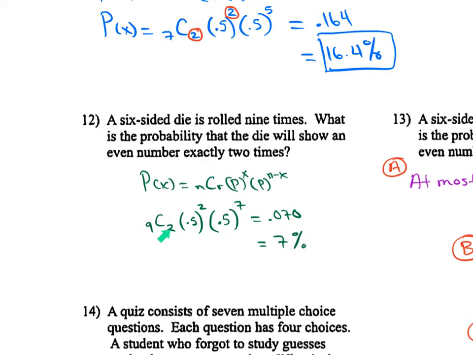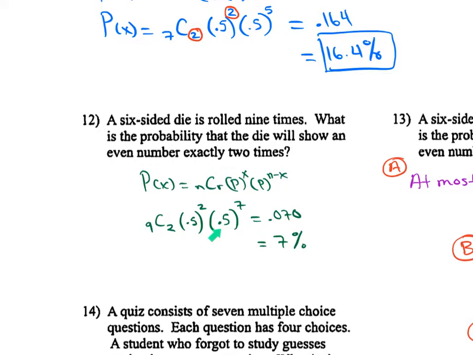So that's 9C2. And then the probability of getting an even number is 50%. Why is that? Because there are 3 even numbers on a die, and there are 3 odd numbers. So that would be 3 out of 6 probability, which is 50%, or 0.5. So that's why we have 0.5 here, and that's raised to the 2nd power because we want a success to happen twice.